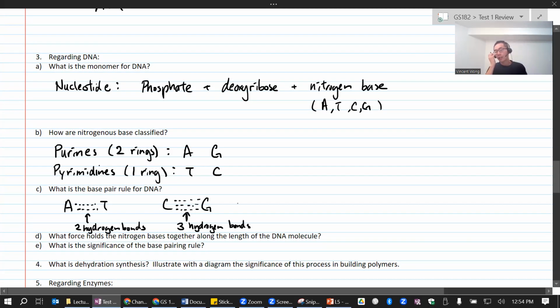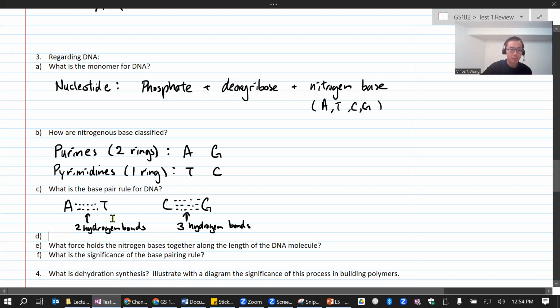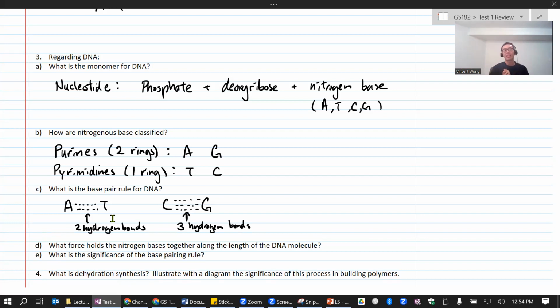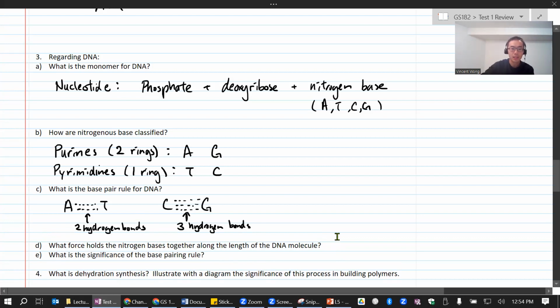So if you have 2 DNA strands with a lot of C's and G's, it will take more energy to pull them apart because they are wound up together a little bit tighter than the ATs.